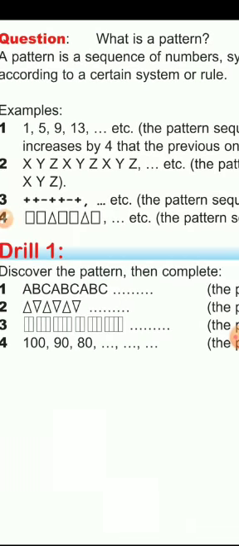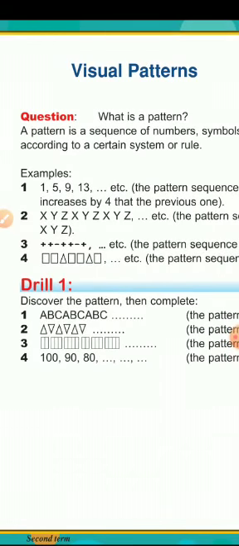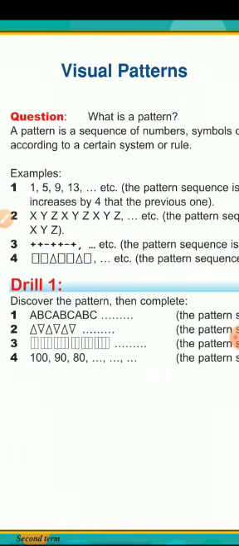Number 4, here we have some numbers. Okay, start from 100. After 100 we have 90. After 90 we have 80. To get the number after 80, you have to discover the rule of this pattern. 100 becomes 90.